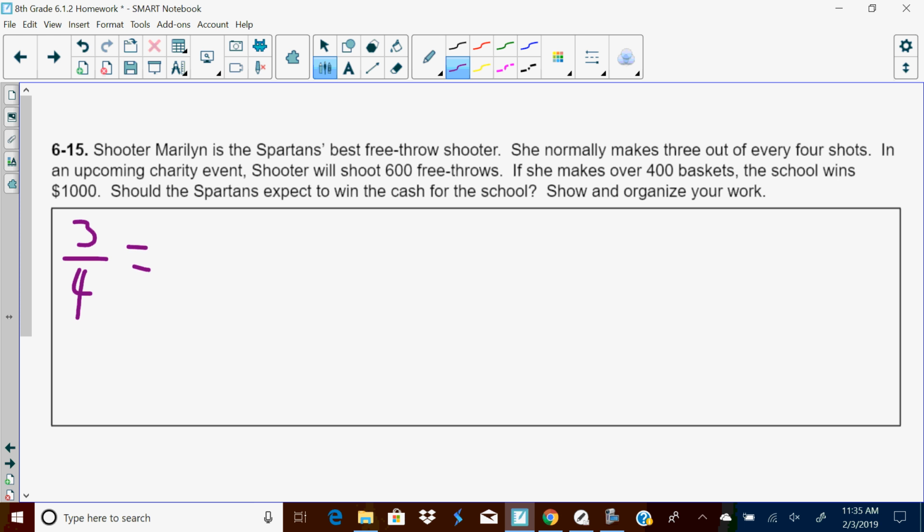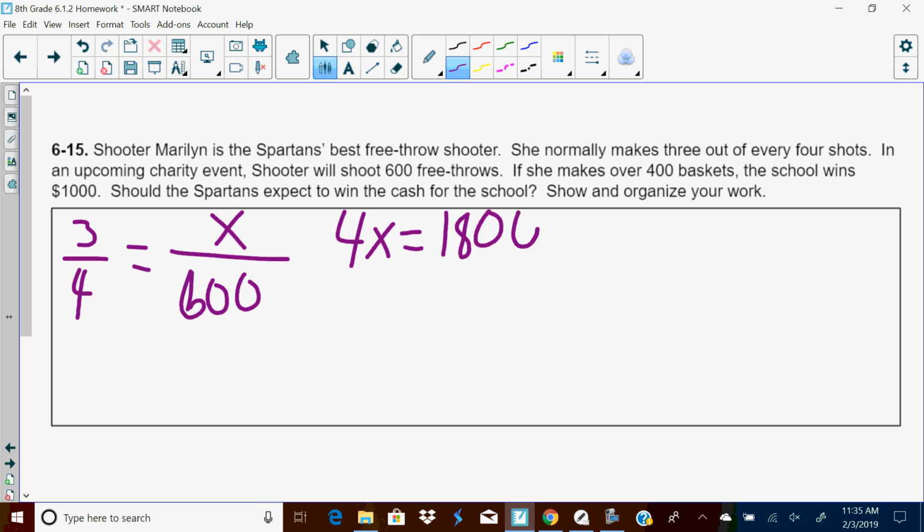So I wrote a proportion, and I made 600 be the denominator, and x be the top. Then I could either cross multiply, or I could find a common denominator. I cross multiplied, and I got 4x equals 1,800. Divided by 4, I got x equals 450.